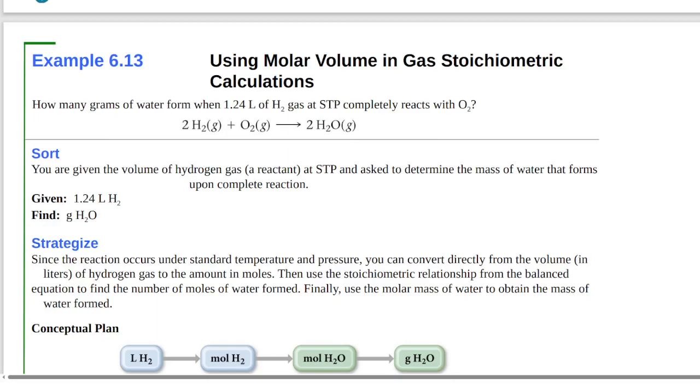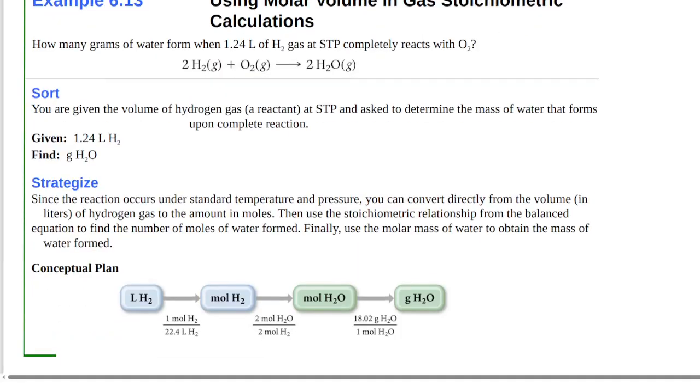How many grams of water form when 1.24 liters of H2 gas at STP completely react with O2? According to this equation, 2H2 plus O2 yields 2H2O. So we can convert liters in this way. Liters of H2 to moles of H2 from the molar volume here, 22.4 liters per mole.